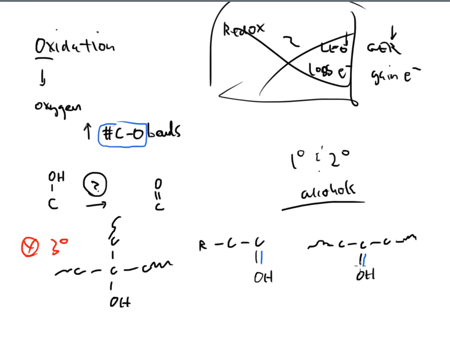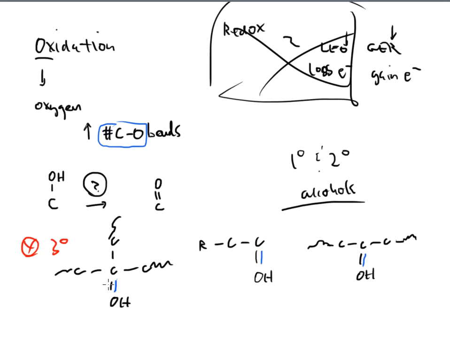Now let's take a look at a tertiary. In the tertiary route, we have a tertiary alcohol. We need to increase the number of C to O bonds for oxidation. So if we increase the number of C to O bonds, look, that carbon doesn't have a hydrogen that's easily disposed of. It has 3 other bonds to carbon.